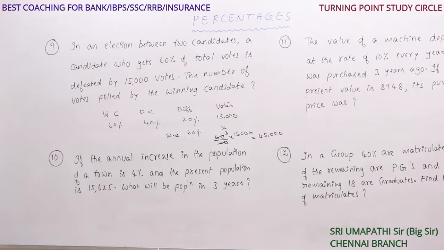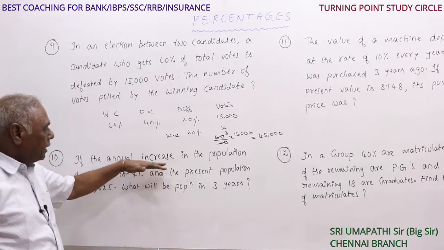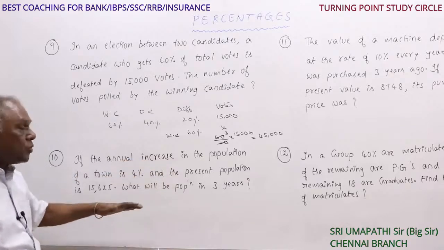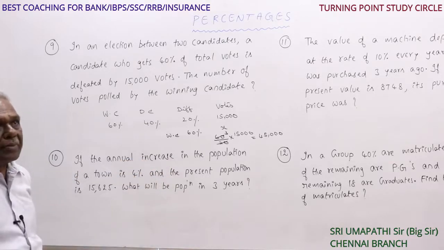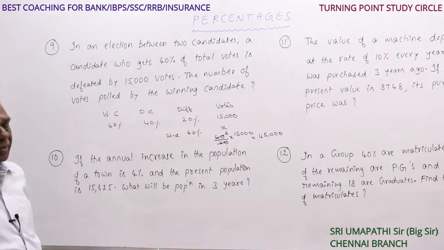Now, if the annual increase in the population of a town is 4% and the present population is 15,625, what will be the population in 3 years? The formula here is P into (100 plus R by 100) whole to the power of n.